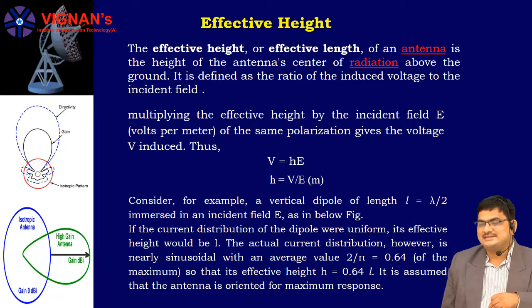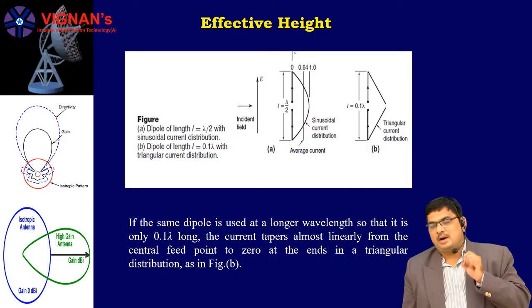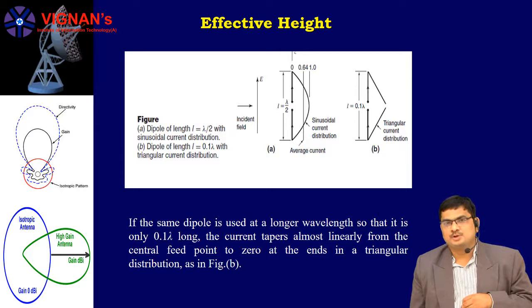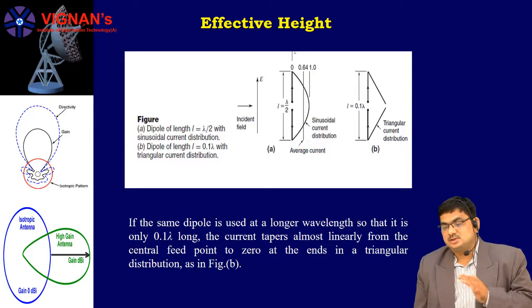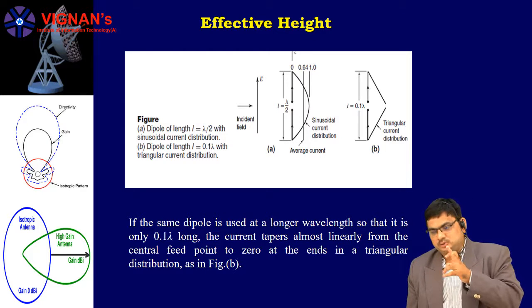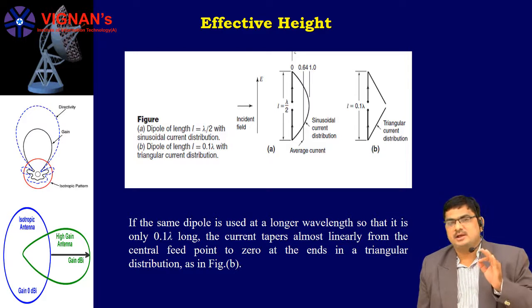In the example, we have taken two antennas. One is a dipole antenna with length L equals lambda by 2, with an incident wave traveling to the antenna. The current distribution of this half-wave dipole is sinusoidal.